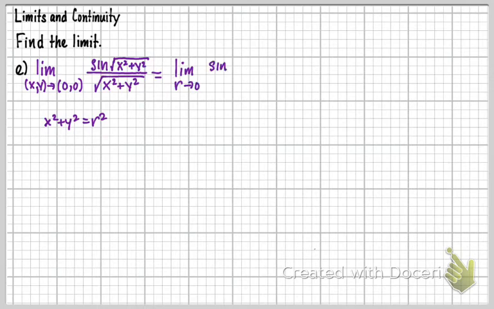And this is going to be the sine of the square root of r squared. And then on the bottom, I'm going to have the square root of r squared. And then I'm going to simplify that. Now remember, r going to 0 is closing around the point 0, 0. So make sure you're comfortable with that idea. So this is really the limit as r goes to 0 of the sine of r over r.